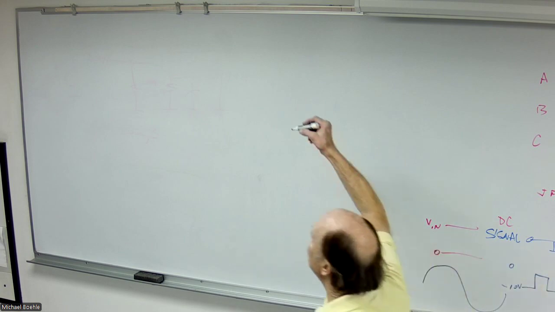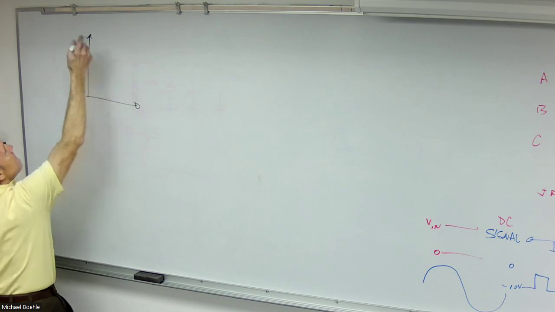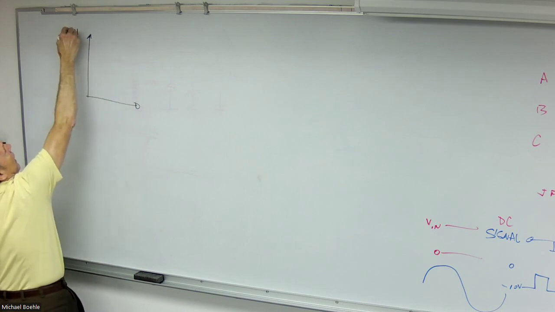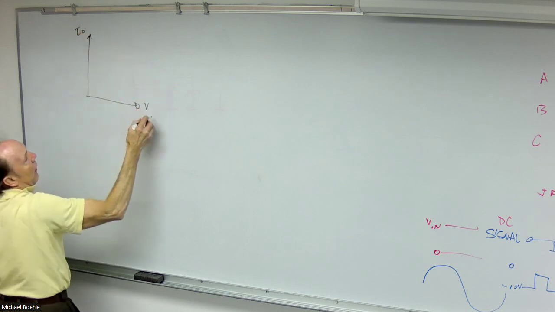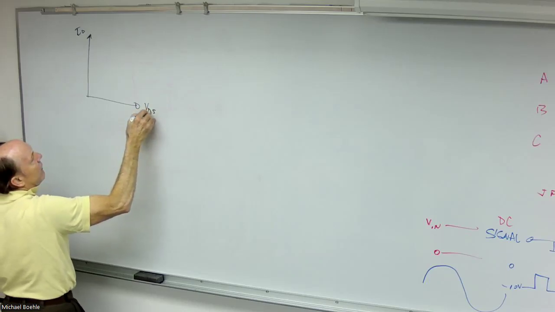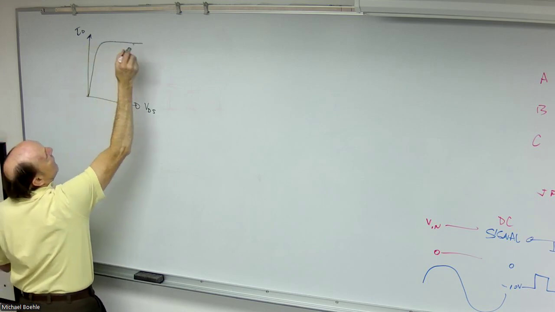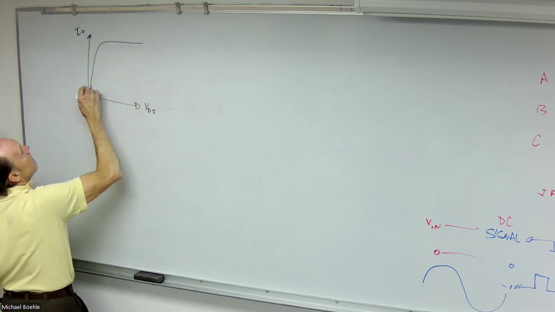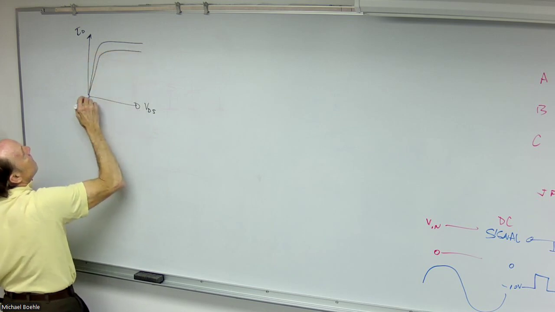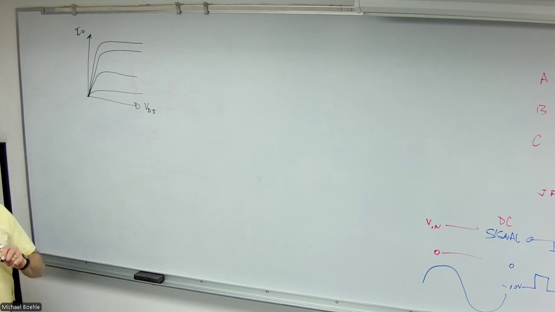So if you remember, when we did our curves last week for our JFET, we had our drain current versus our drain source voltage, I think. Yes. And so we had these curves that we created, for example.